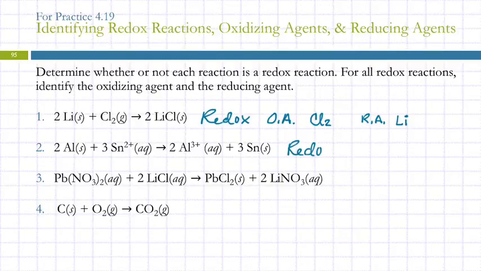Okay, so oxidizing agent, that's the one that is being reduced, right? So who's getting reduced? Reduction is gain. OIL RIG. Reduction is gain of electrons. Who's gaining electrons? Aluminum or tin? Tin. Tin is gaining electrons. It's going from a +2 charge to 0. Reduction is gain, yes.